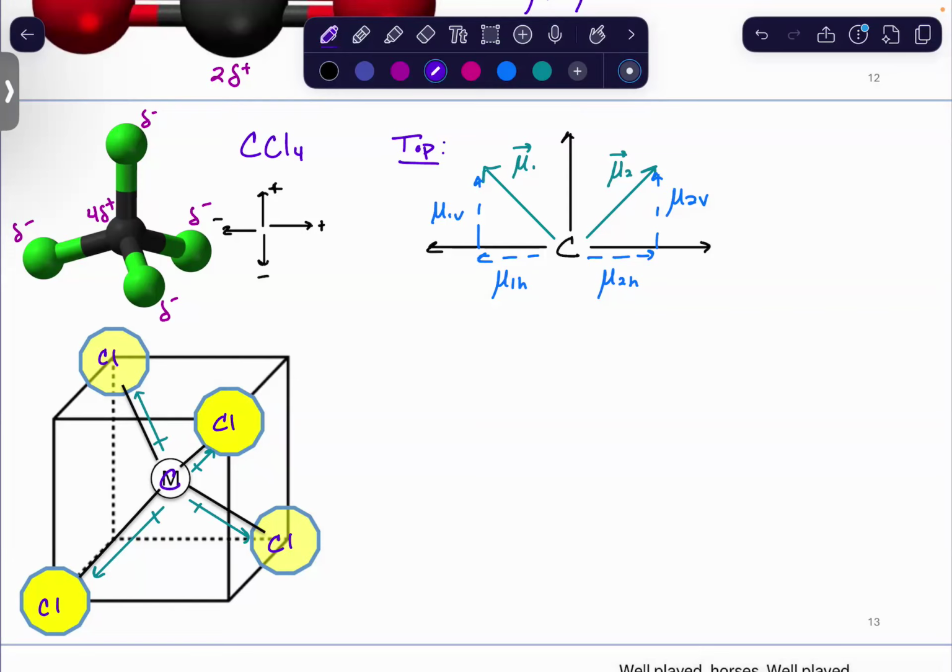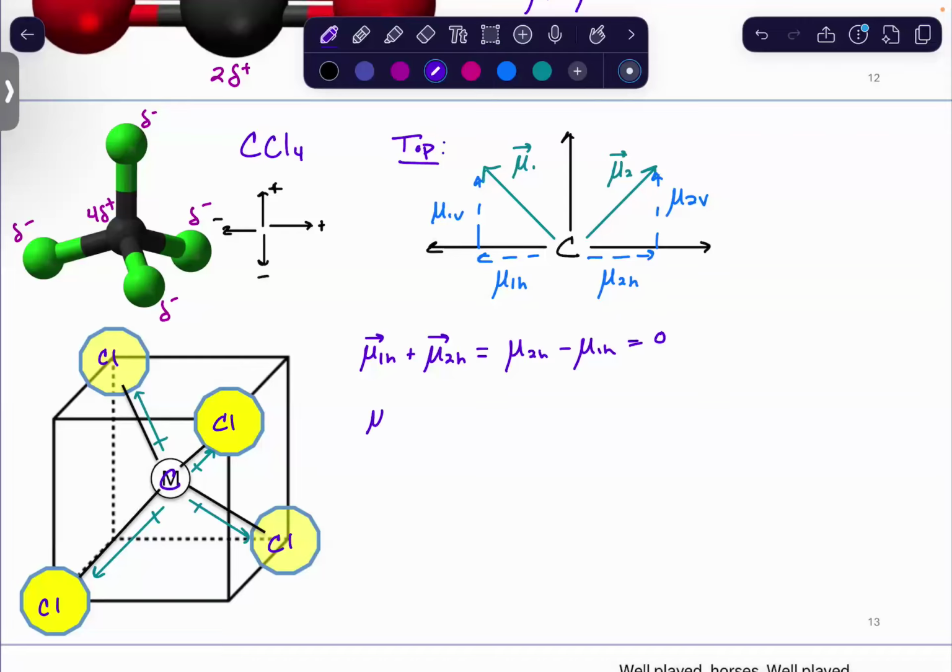And then when we look at these, our horizontals: horizontal 2 is pointing in the positive direction. Horizontal 1 is pointing in the negative direction. These are going to end up canceling each other out.